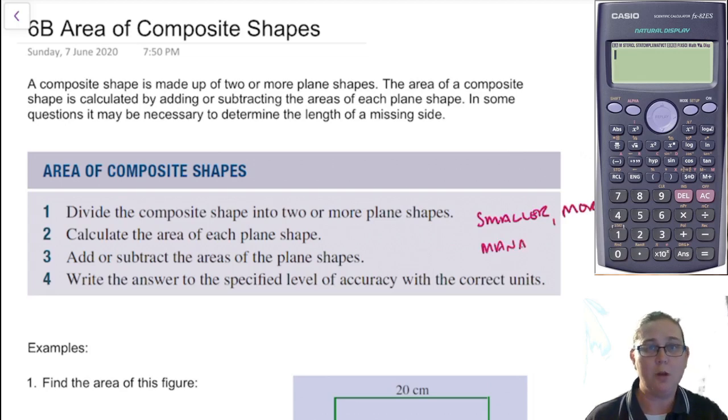And that's what we want. We want those much smaller pieces, okay?